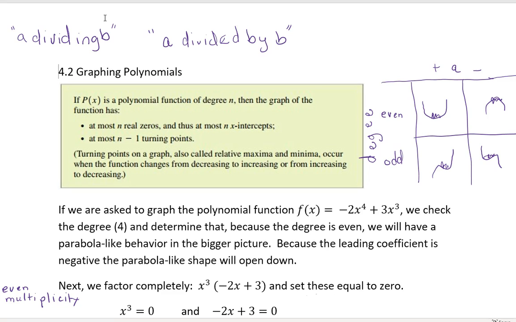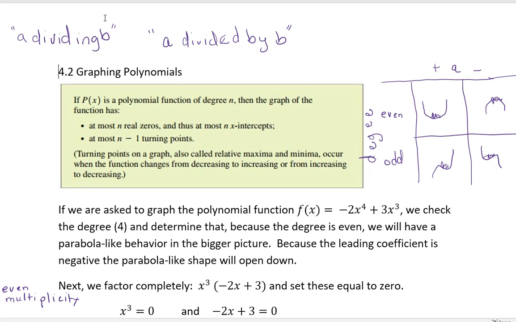And I'm going to give you the esoteric, abstract version, and then we'll talk about what this really means. All right, so if P is a polynomial function, P of x, and it has the degree n, then the graph of the function has at most n real zeros, and thus can have n x-intercepts, and at most n minus 1 turning points.